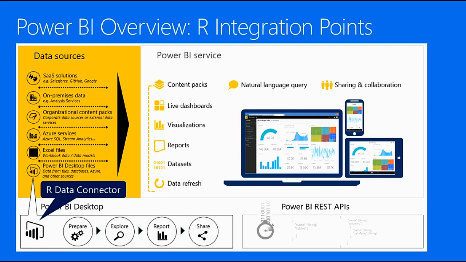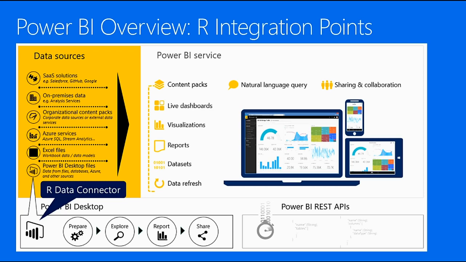So first, Power BI as a SaaS, software as a service, available in the cloud. But the authoring tool for Power BI is the Power BI desktop. This is the graphical environment where you build reports and publish them to Power BI. Basically, this is where we integrated R in Power BI to start with.